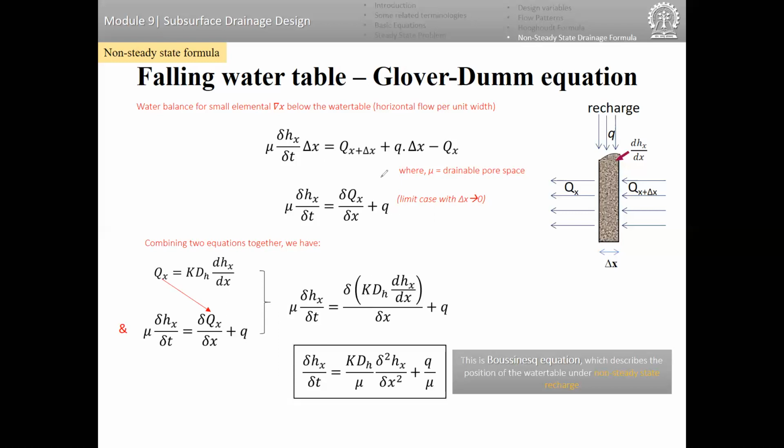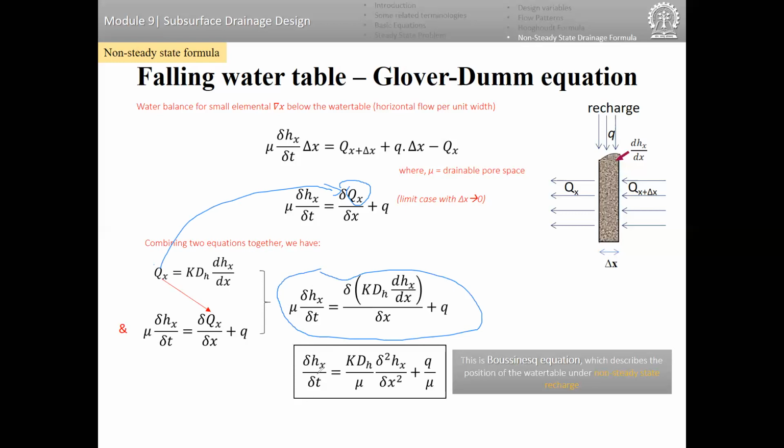So now we have two equations: one based on Darcy's law, and this one. Now if you substitute the value of Qx from this equation into this equation, we can come up with this expression, and rearranging this term, we can write this expression.